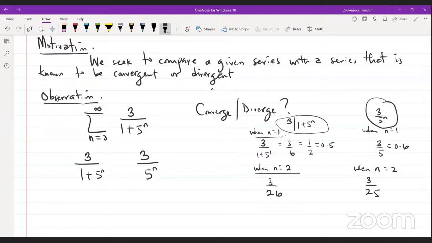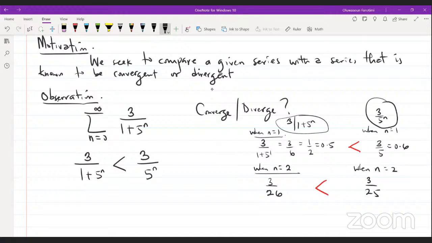Now, what can I see? It's easy to see that 3 divided by 26 is less than this one. That gives me an idea of their relationship: as I continue to increase n from 1 to 2 and so on, this one is going to be less than this one.